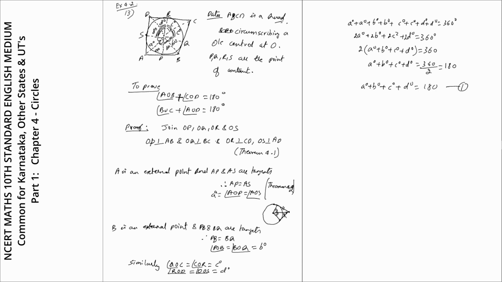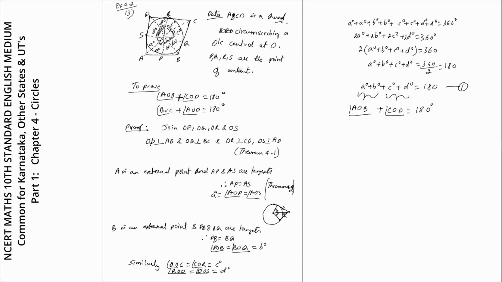Now you can observe in the figure, A plus B degrees is nothing but angle AOB, and C plus D degrees is actually angle COD. So this is equal to 180.